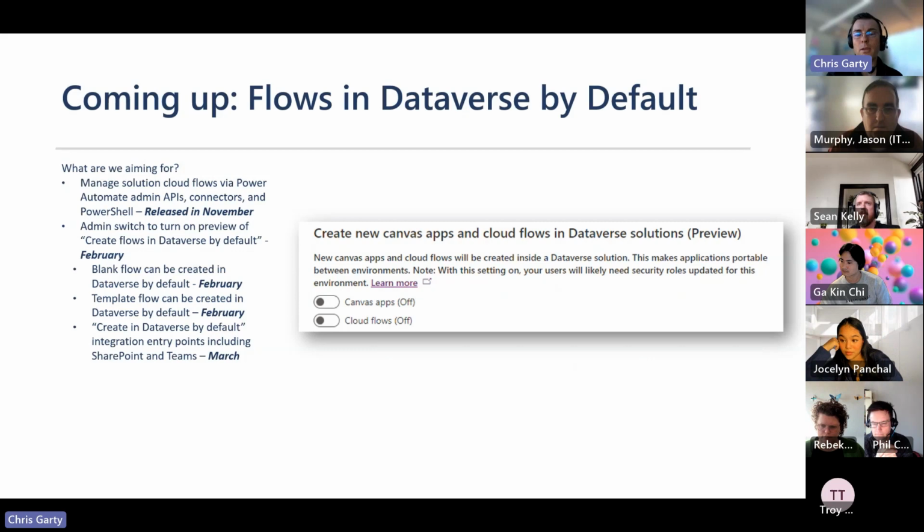We have a private preview of this available now for Cloudflows. We are in the process of finishing up that work, and it'll be available shortly, and we'll have a blog post related to this. The first milestone will facilitate blank flows and flows created from template to be added into Dataverse by default when Dataverse is available.